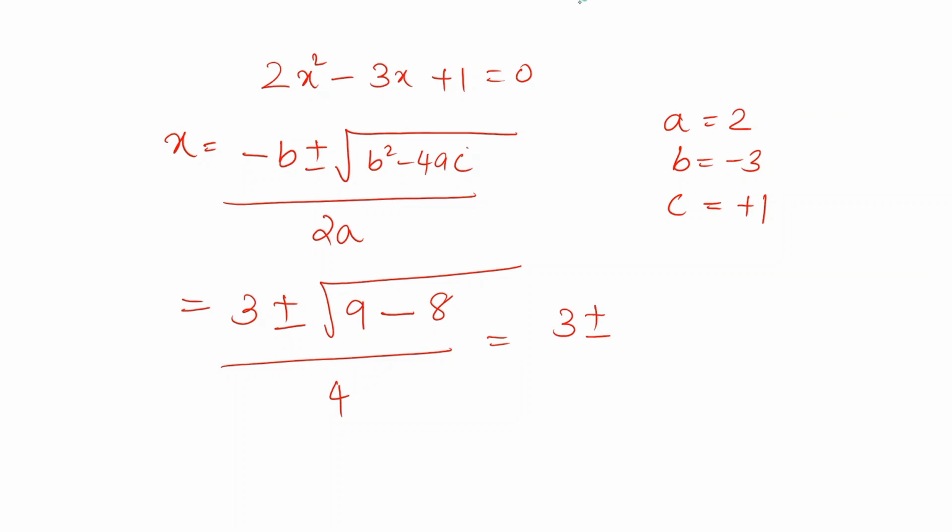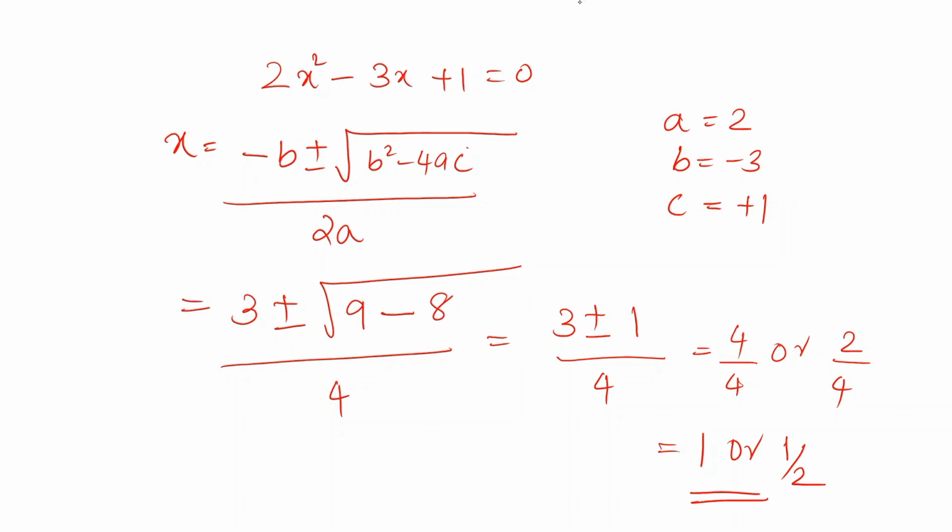So this is 3 plus or minus 1 divided by 4. That is 4 by 4 or 2 by 4, 1 or 1 by 2. Hence proved, tan theta equals 1 or 1 by 2. x equals tan theta. We have proved this.